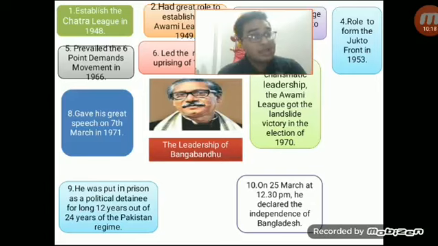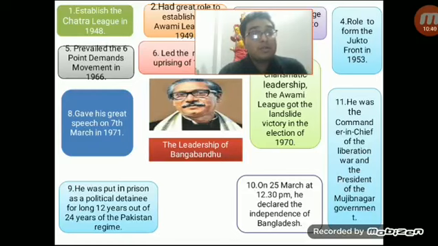In these circumstances, before his arrest, he declared the independence of Bangladesh on 25th March 1971.